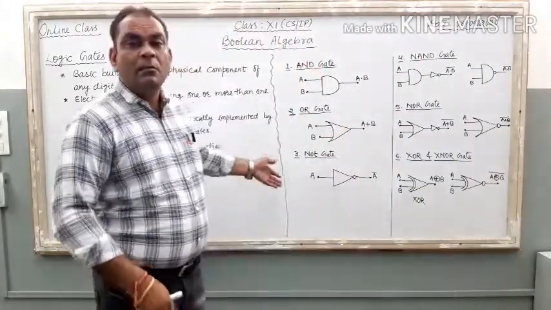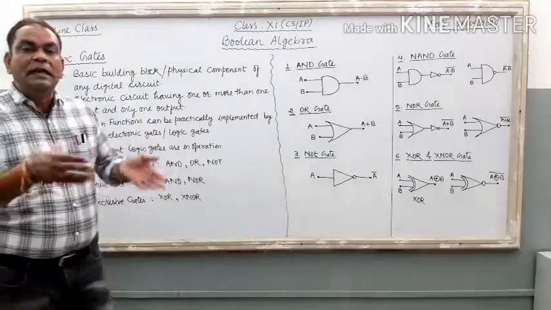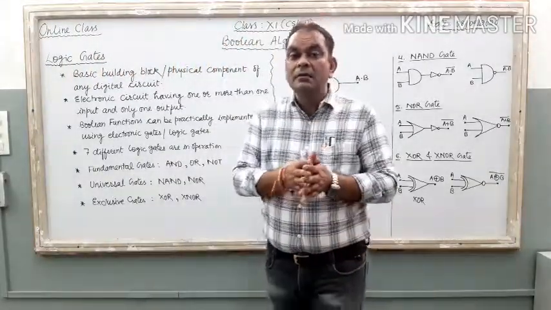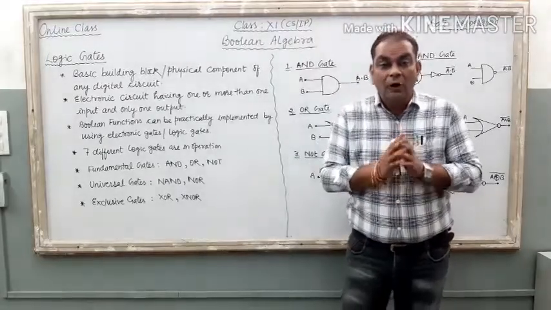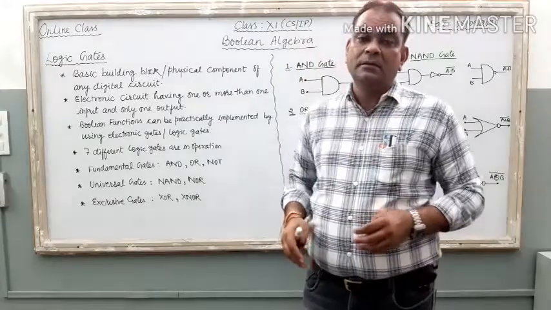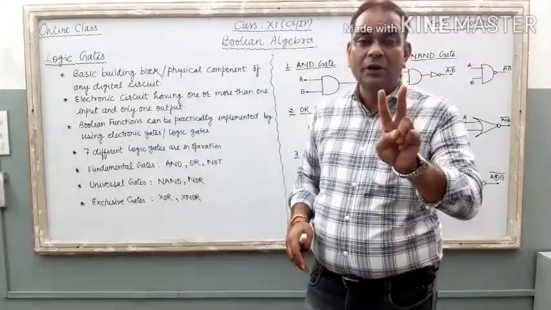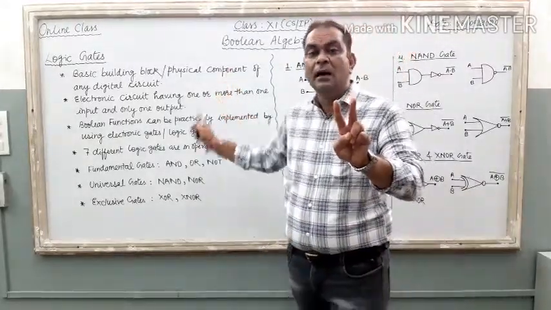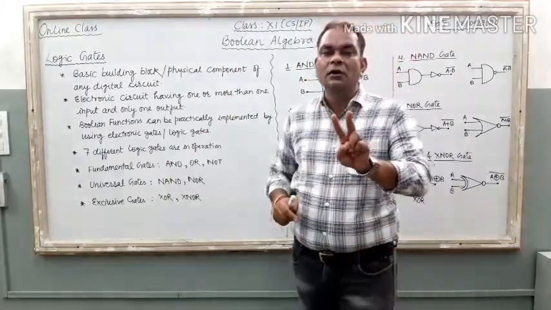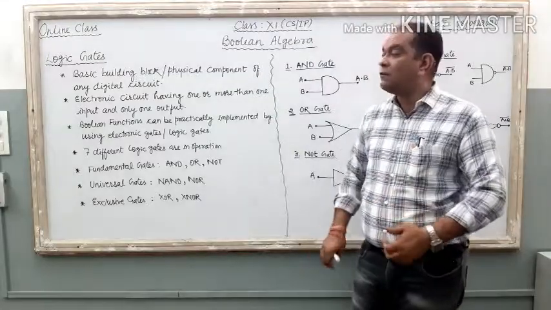Now the third point, Boolean functions. In Boolean algebra, Boolean variables are there, Boolean values are there. How many Boolean values are there in Boolean algebra? There are only two Boolean values in this whole algebra. The first Boolean value is true. The second Boolean value is false. True and false. Why true and false?